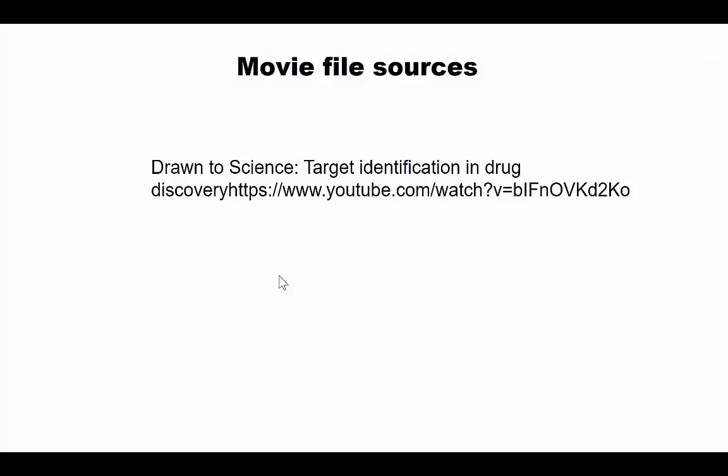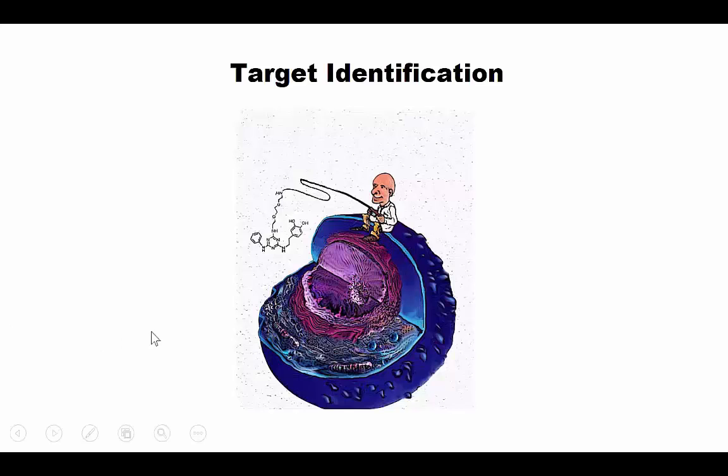How was the movie? Did you get a good idea about target identification? In target ID, usually we use this small molecule as bait, and then find out the partner from the cells. Inside the cell, there are potentially tens of thousands of different proteins.